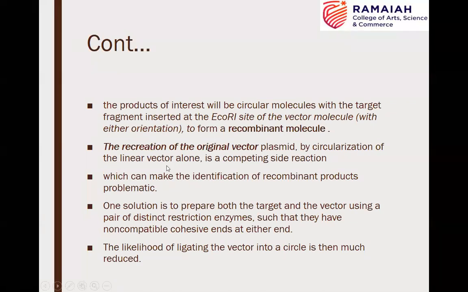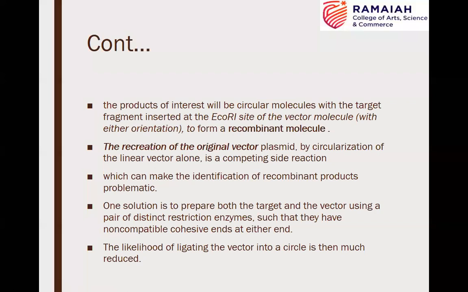This formation of the original vector without the incorporation of the target DNA is the main side reaction that makes the identification of recombinant products problematic. This is what I was mentioning in the first class of this recombinant DNA technology.